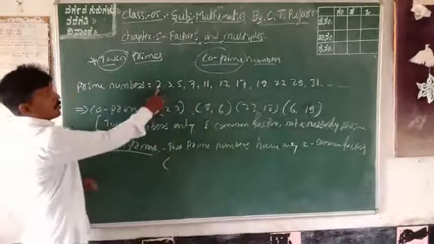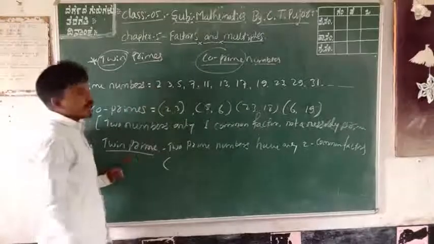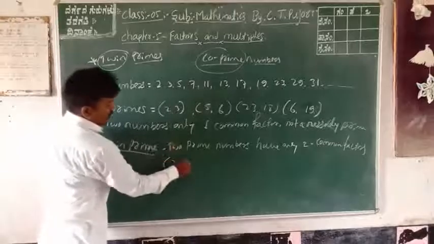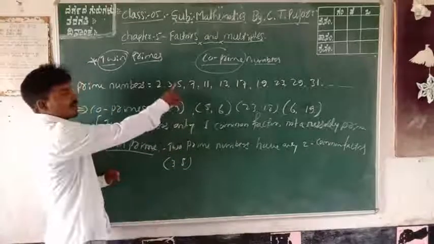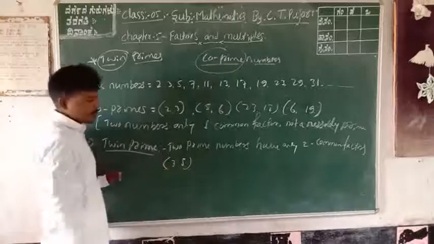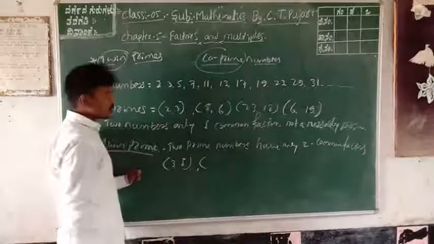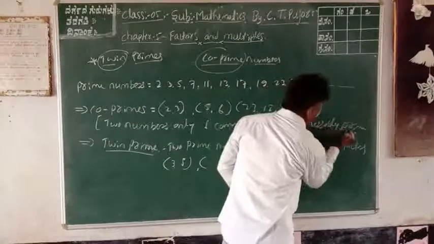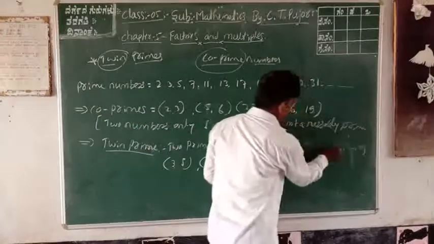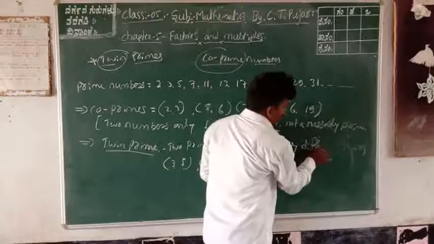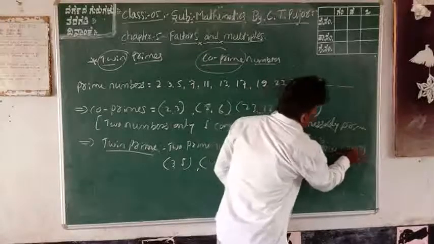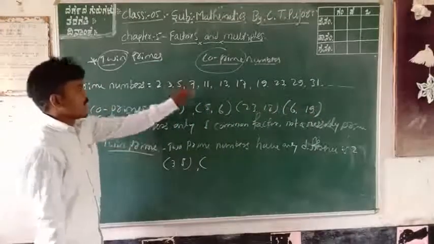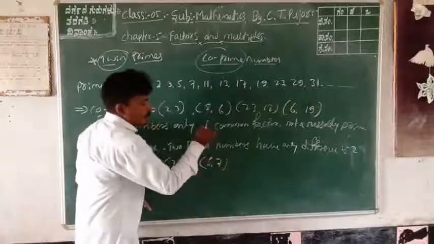For example, 2 and 3 is not a twin prime because the difference is only 1. Next, 3 and 5 is a twin prime because 5 minus 3 is 2. The difference is 2. Next, 5 and 7 are twin primes.